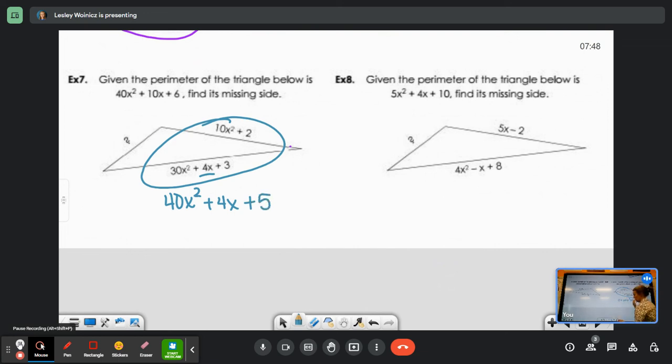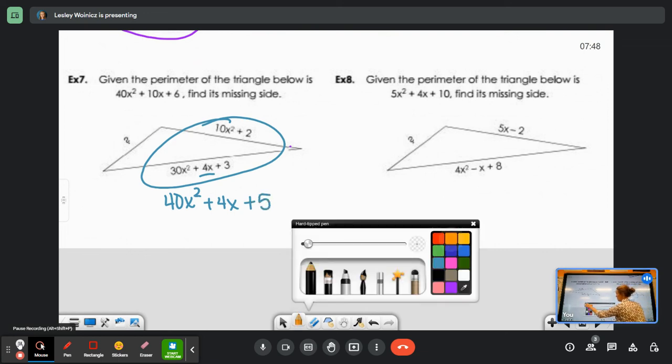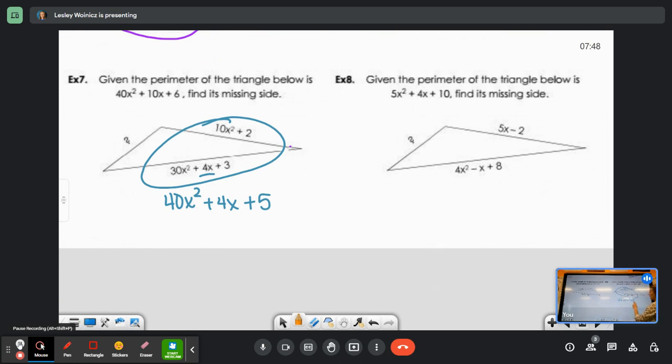So adding up to my total, I already have 40x squared. I need 40x squared, I don't need any more. So my missing side does not have a quadratic term because I already have all of my 40x squareds accounted for.